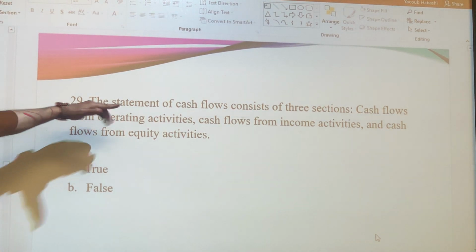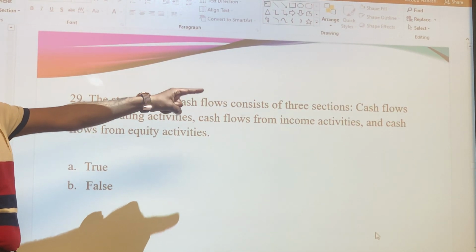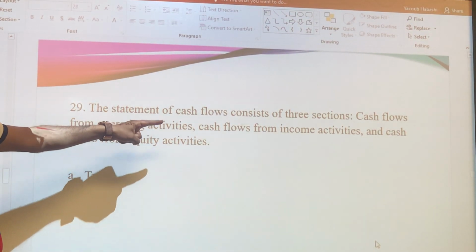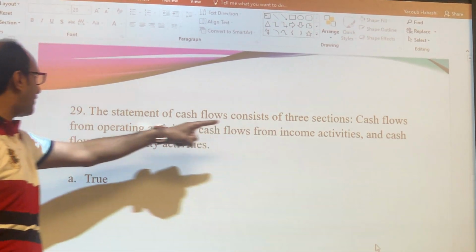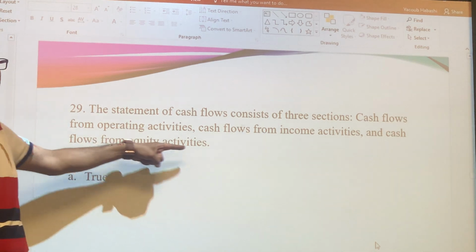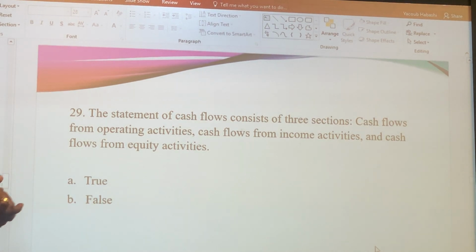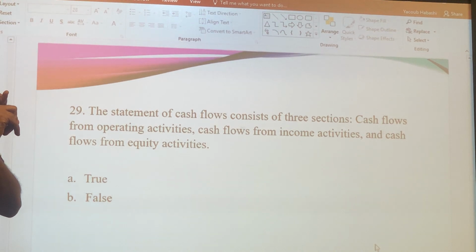The statement of cash flows consists of 3 sections: cash flows from operating activities, cash flows from income activities, cash flows from equity activities. True or false? False. Who can tell me? One is operating activities, the first section.